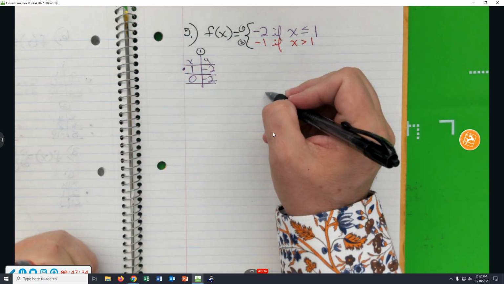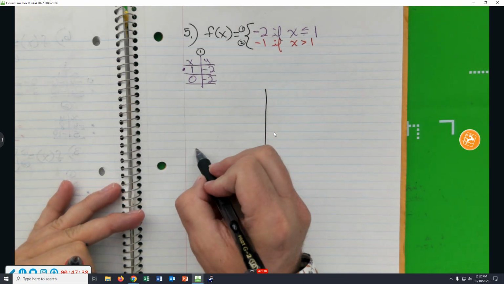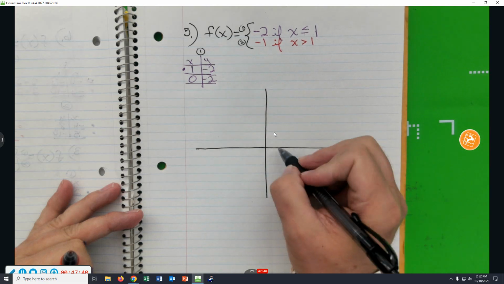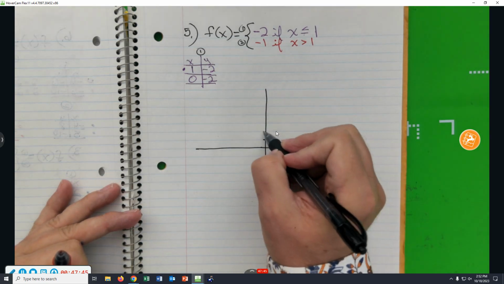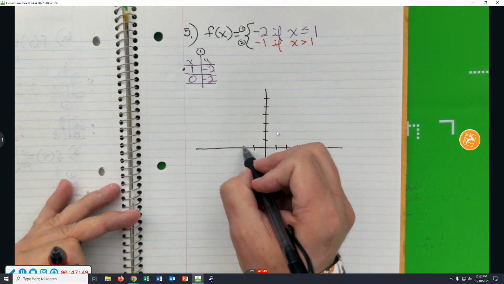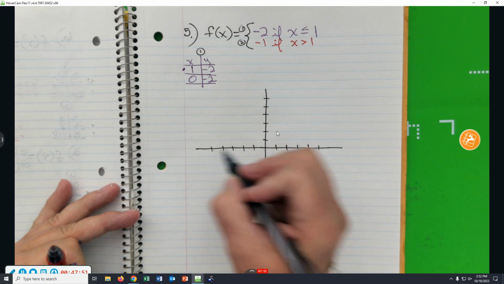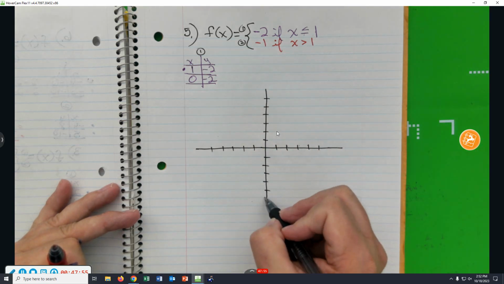I'm drawing my xy grid. I sure like just drawing the graphs on the program rather than doing it on paper. They just look so much better. Oh, here it's multiple choice.